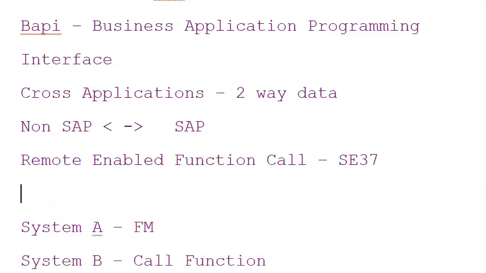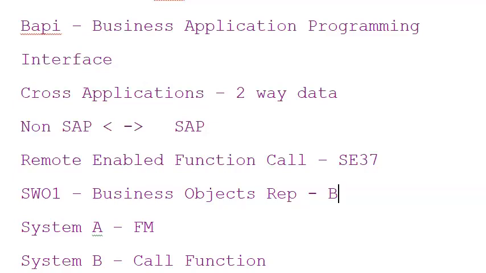So we need to first create a remote enabled function call in SE37, and then we need to go to the business objects, SWO1, the business objects repository, and here we are going to create a business object. When we create a business object, we'll be assigning this remote enabled function call to the business object.